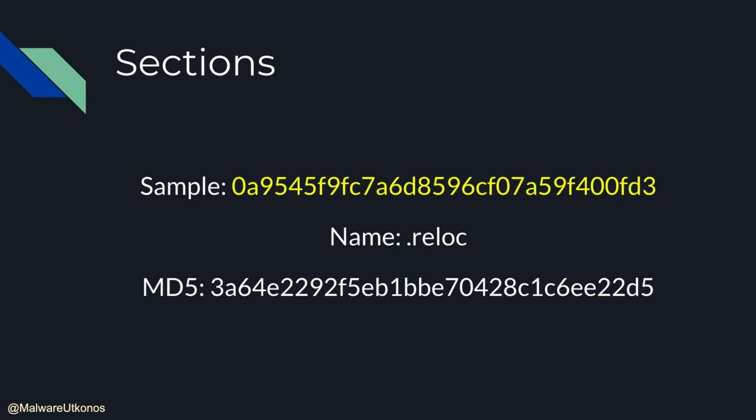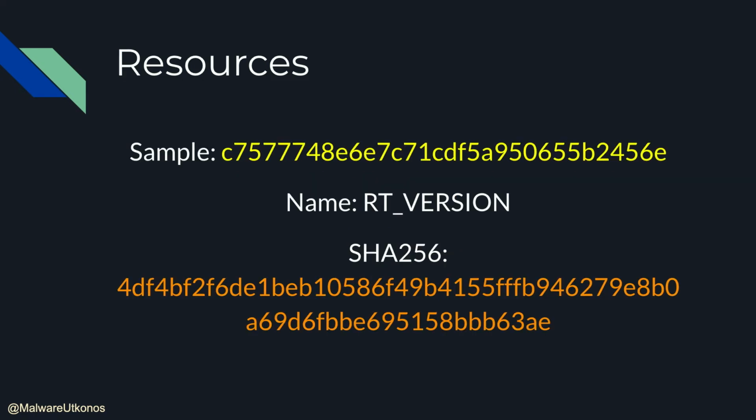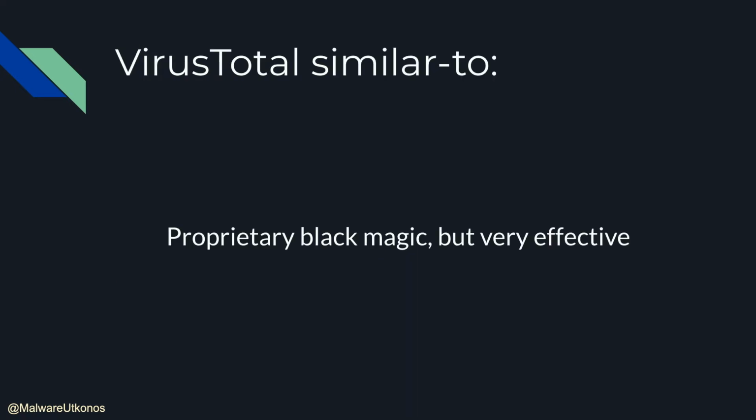You can take a hash of a particular section and find another file that shares that same section. Same thing with resources: you can take a hash of a particular resource and find one or more other files that have that same resource.